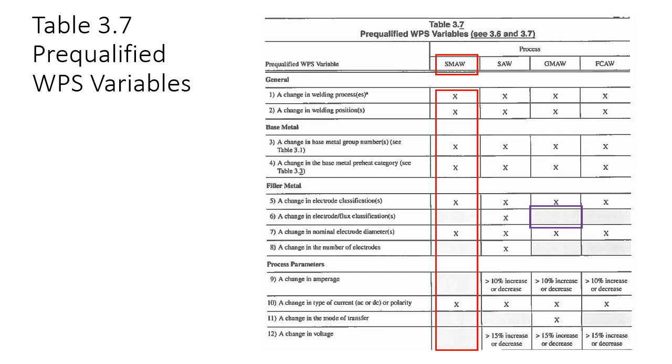When you're writing a pre-qualified WPS, you don't have to check every box, because there's a lot of things on that sheet, their recommended form, that don't apply to every welding process. So don't get the idea in your head that you've got to check every box. You just go to this table and make sure that you've addressed everything.